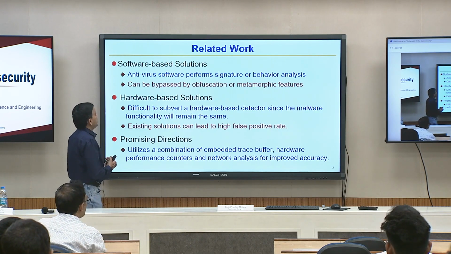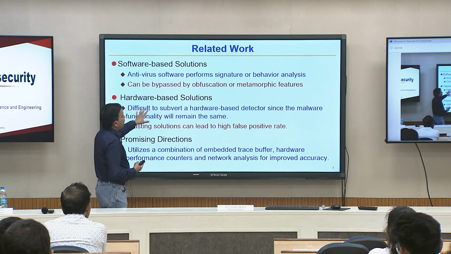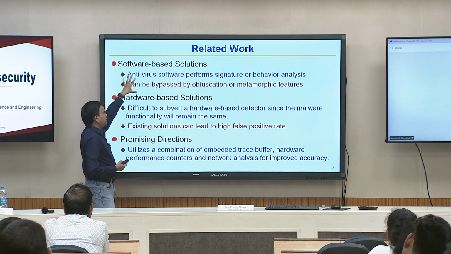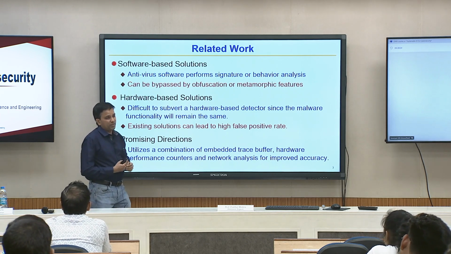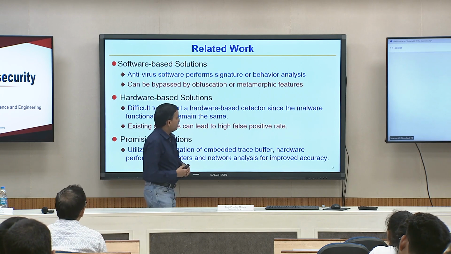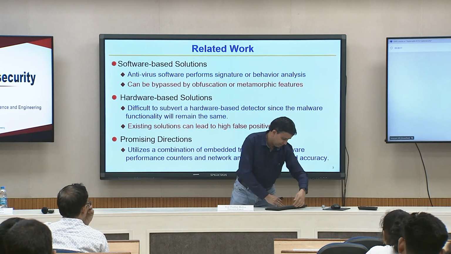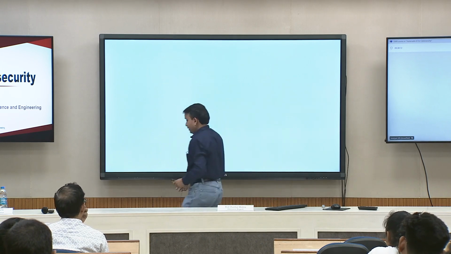So, here is a brief recap of what exists today. Most of the solutions, or at least the commercial solutions, are software based solutions. For any of those solutions, also known as antivirus, the key idea is the following.